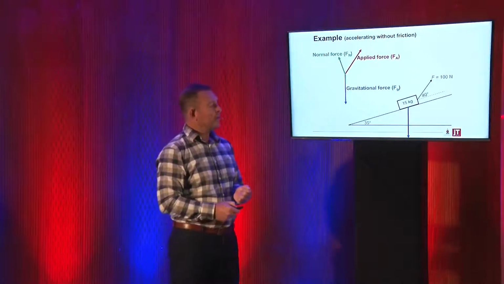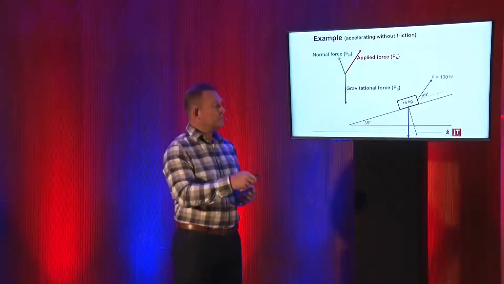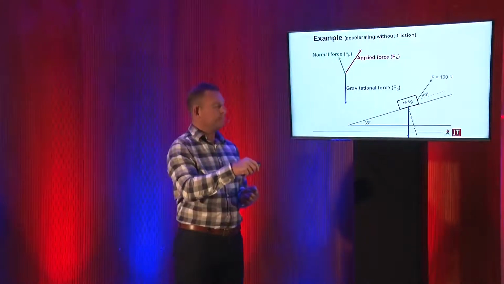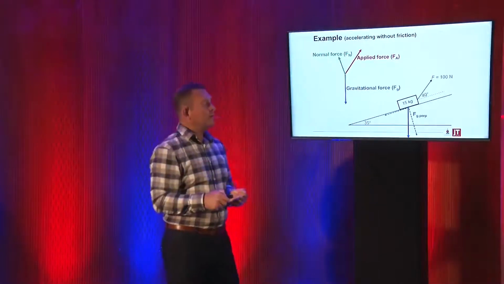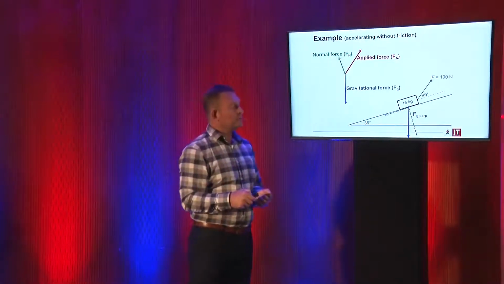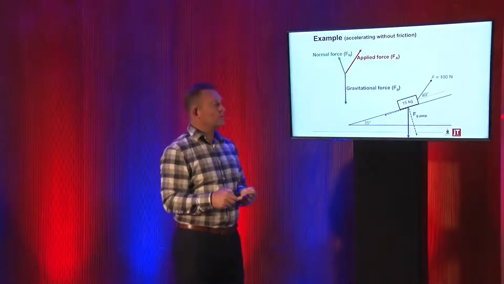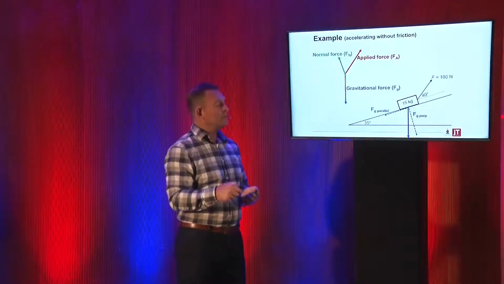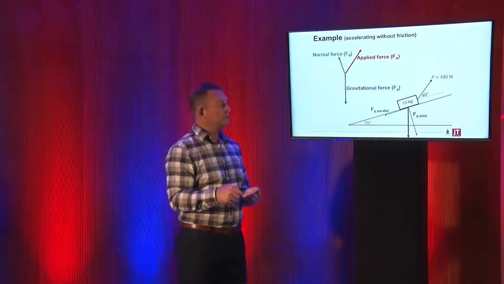Now we're going to look at resolving these forces into their components. If we look at the gravitational force, it's got a perpendicular component which acts straight into the slope. And the other component acts parallel to the slope.